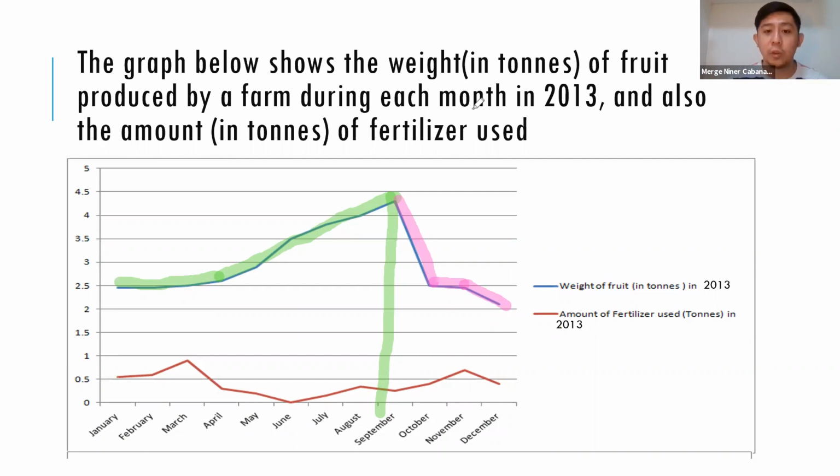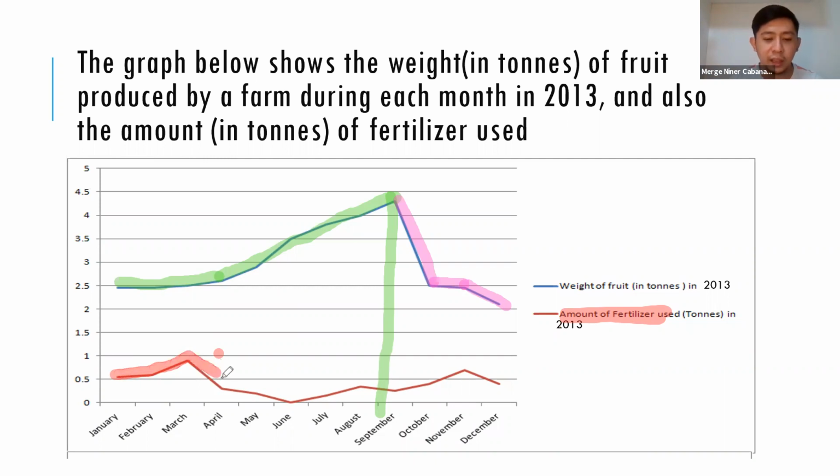Now, if we take a look carefully at what we see in your amount of fertilizer used, the red one, we have the trend from January, there is an increase already. The movement of the line is towards the increasing pattern.